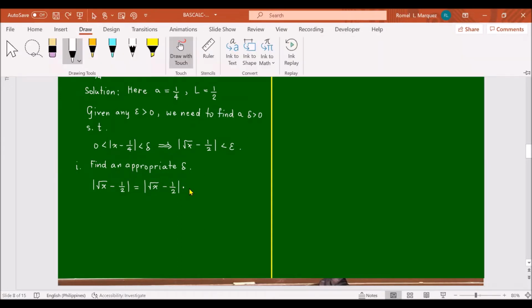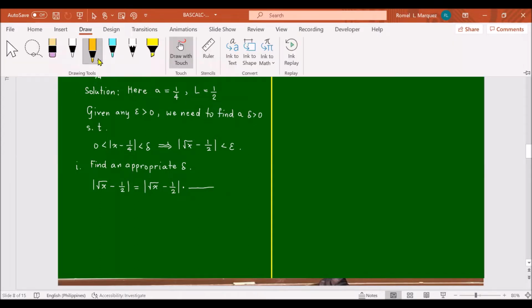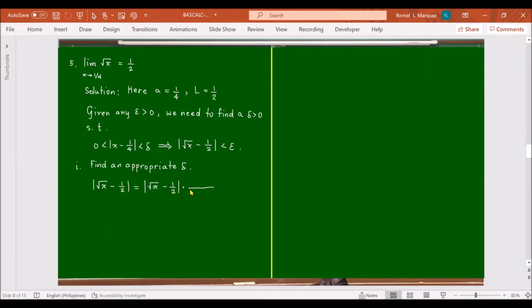Okay, guys? So we have absolute value of square root of x plus 1/2 over absolute value of square root of x plus 1/2. Okay?